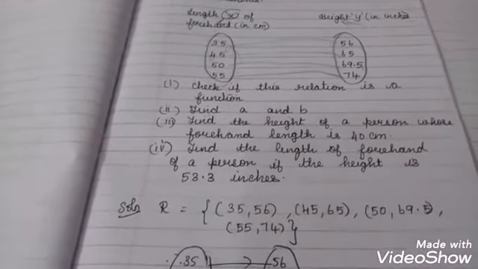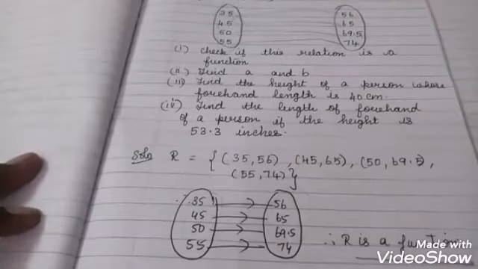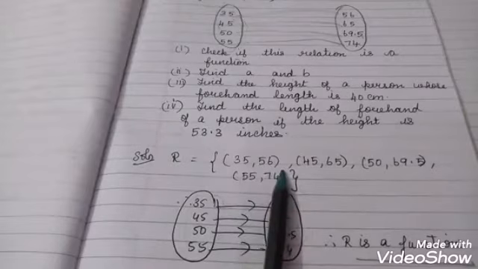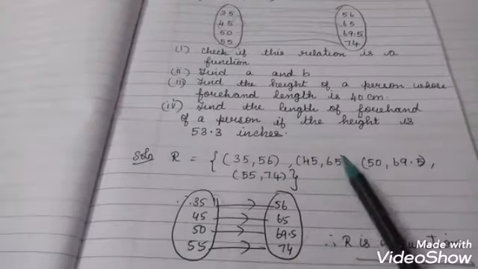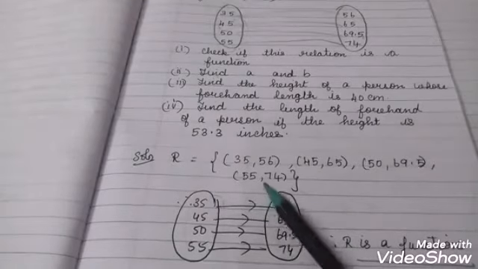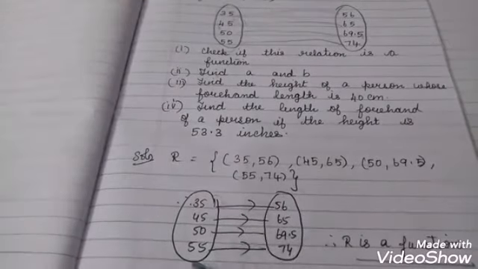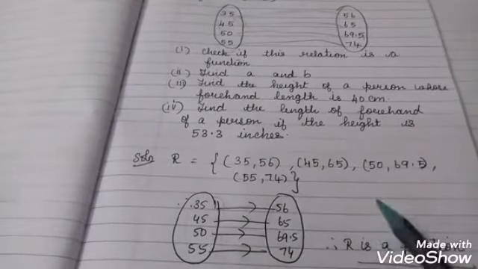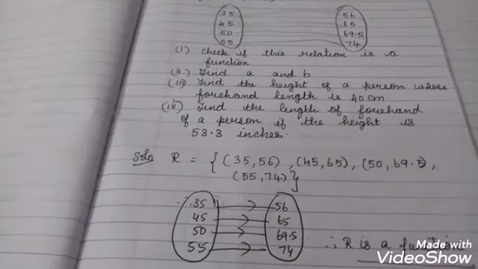I have written it as ordered pairs as well as an arrow diagram. R is equal to (35, 56), (45, 65), (50, 69.5), and (55, 74). I have drawn the arrow diagram and said that it is a function.